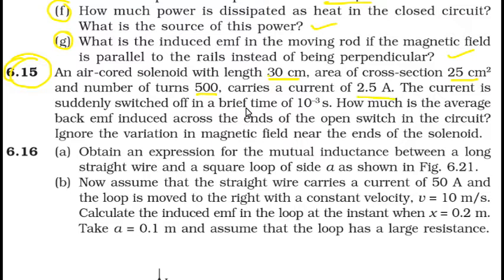The current is suddenly switched off in a brief time of 10 to the power minus 3 second. How much is the average back EMF induced across the ends of the open switch? Ignore the variation in magnetic field near the ends of the solenoid. Let us see the solution.